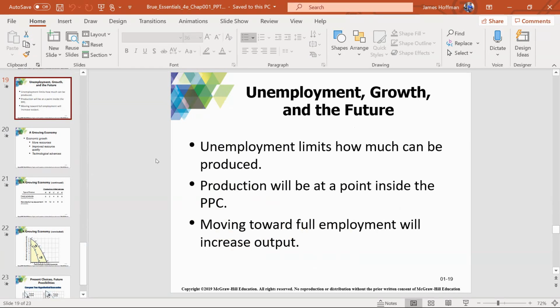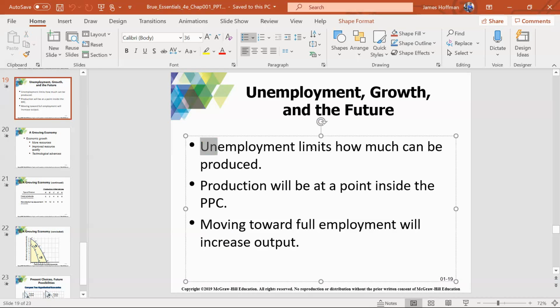Okay, so what we'll see here is that if something changes or if the economy is not efficient, you can represent that in the model. If you have unemployment, that would represent a point below the curve because you're not using one of your resources efficiently, in particular labor.